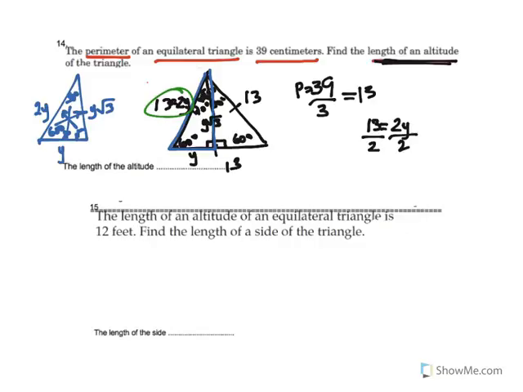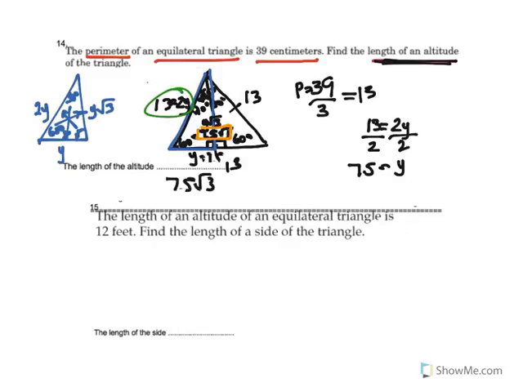Divide both sides by 2, y equals 7.5. So everywhere I see a y in the figure, I plug in 7.5. And has it become obvious what the length of the altitude is? Yes, the length of the altitude is right here, and it's 7.5 times the square root of 3.